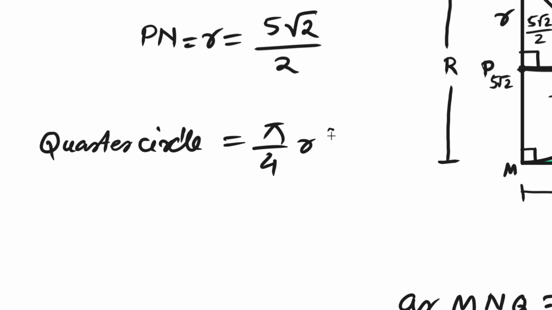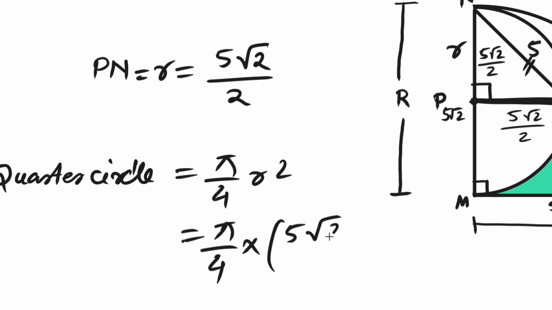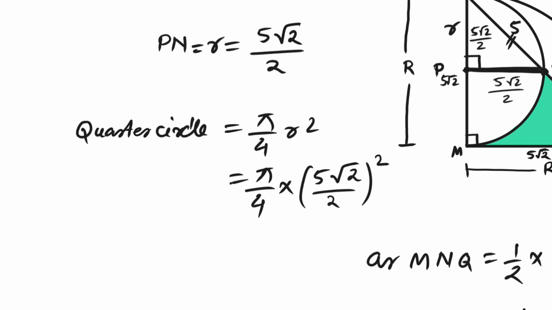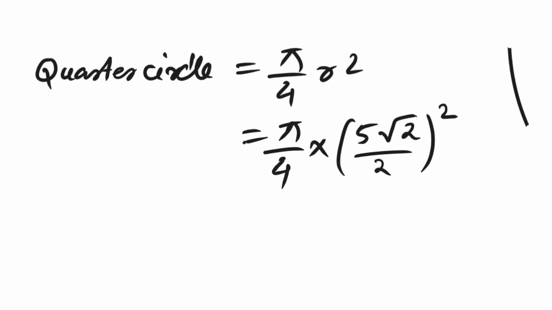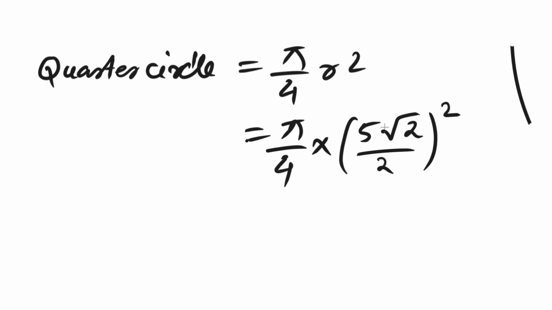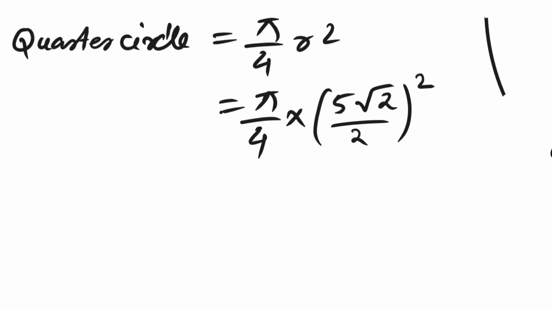Substituting our radius, we get pi divided by 4, multiplied by the quantity 5 square root of 2 divided by 2, all squared. Let's simplify the square carefully. 5 square root of 2 divided by 2, all squared, gives 50 divided by 4, which simplifies to 25 divided by 2.